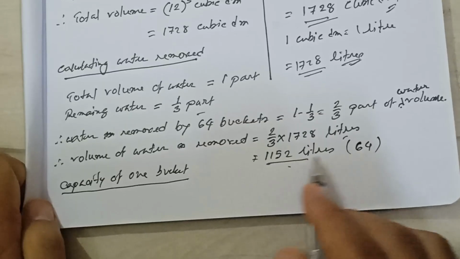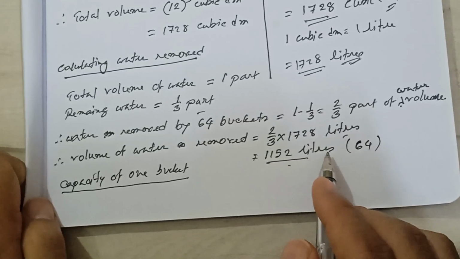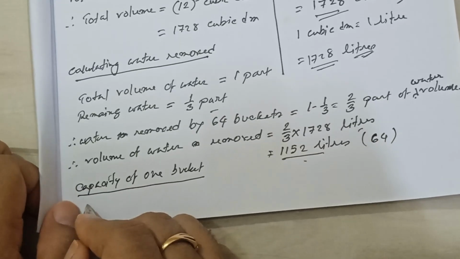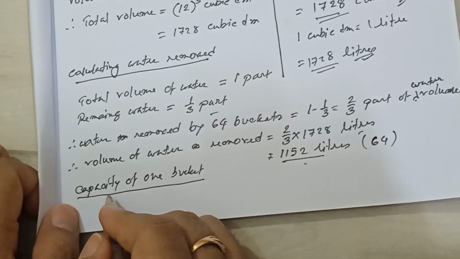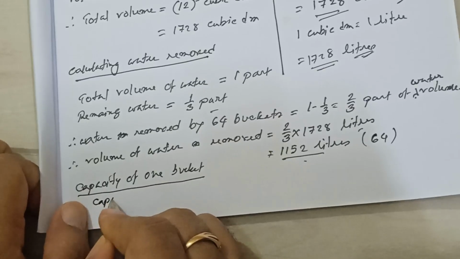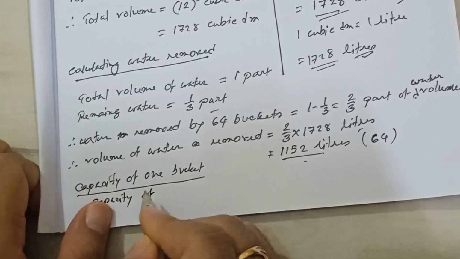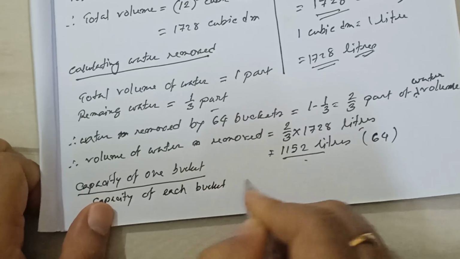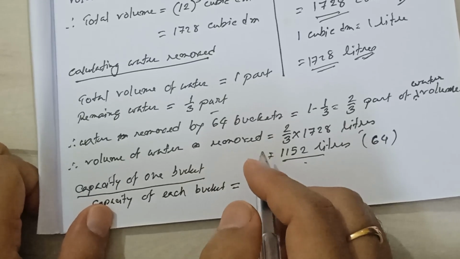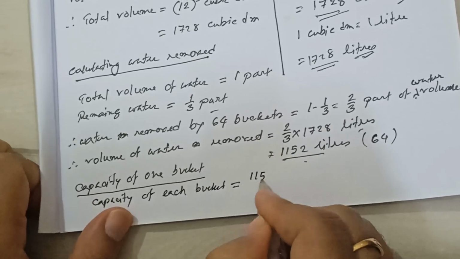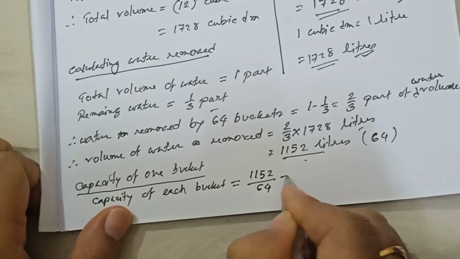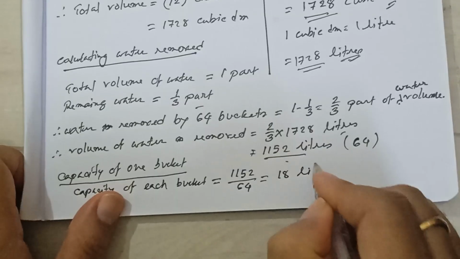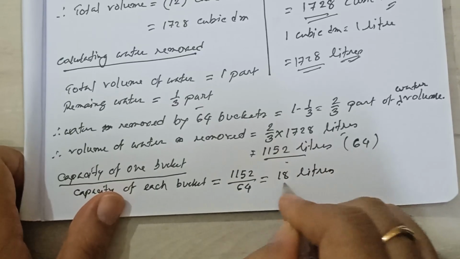If 64 buckets in total remove 1152 liters, then the capacity of each bucket is equal to 1152 divided by 64, which is equal to 18, and you give the unit also, 18 liters.